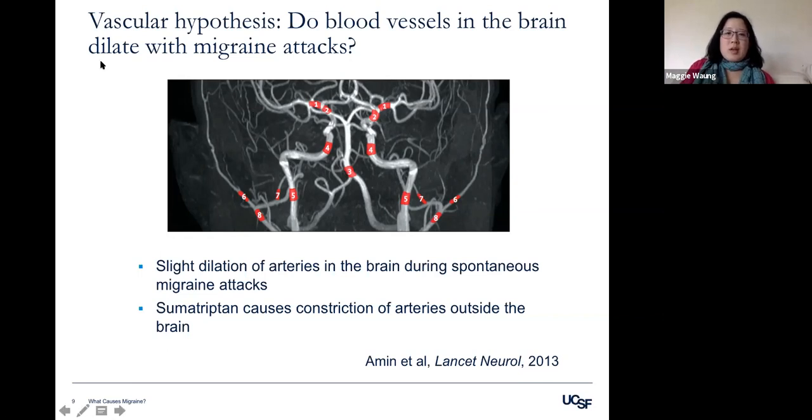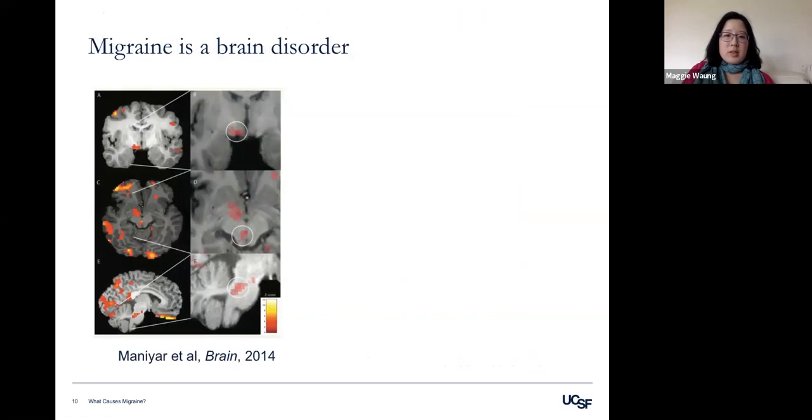So I think the general feeling in the headache research community is that these vascular changes probably aren't what's causing migraine. So what do we think is causing migraine?